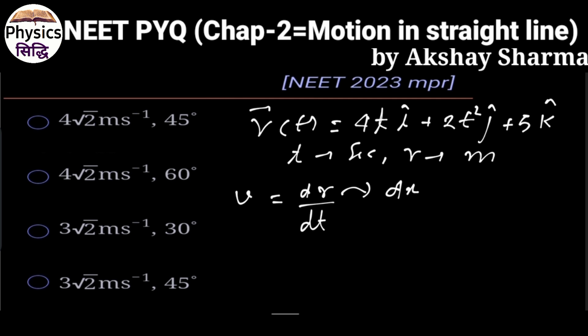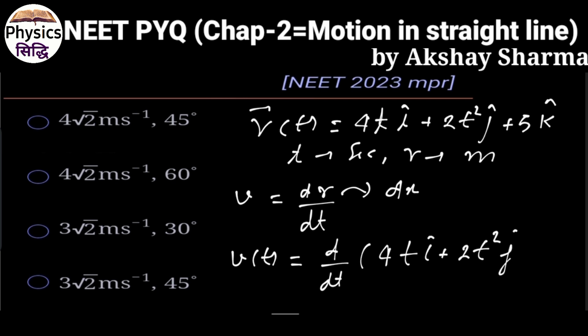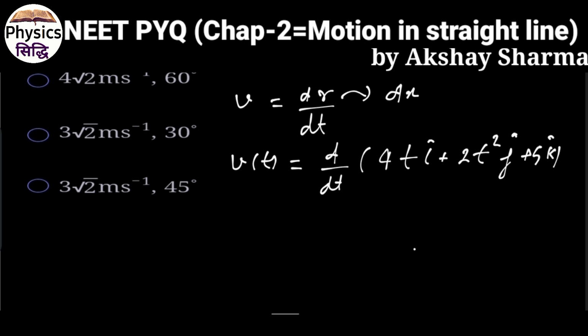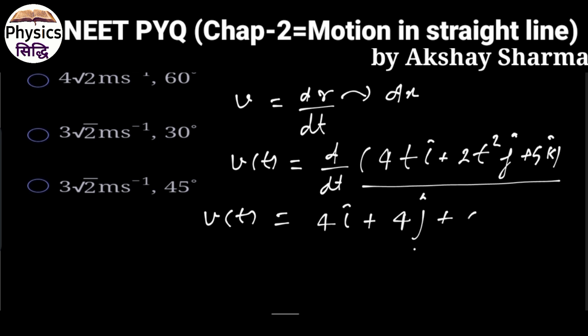So v becomes d/dt of 40 i cap plus 2t square j cap plus 5 k cap. I am assuming that you are familiar with differentiation, so I am writing directly: 0 i cap, because 40 is constant, plus 2 into 2t, that is 4t j cap, plus 0 k cap, because here no quantity involves t.